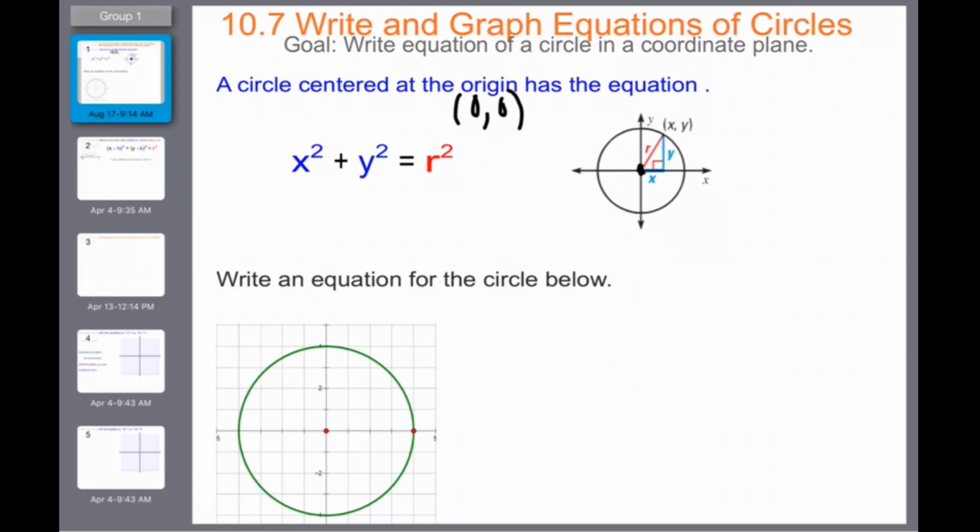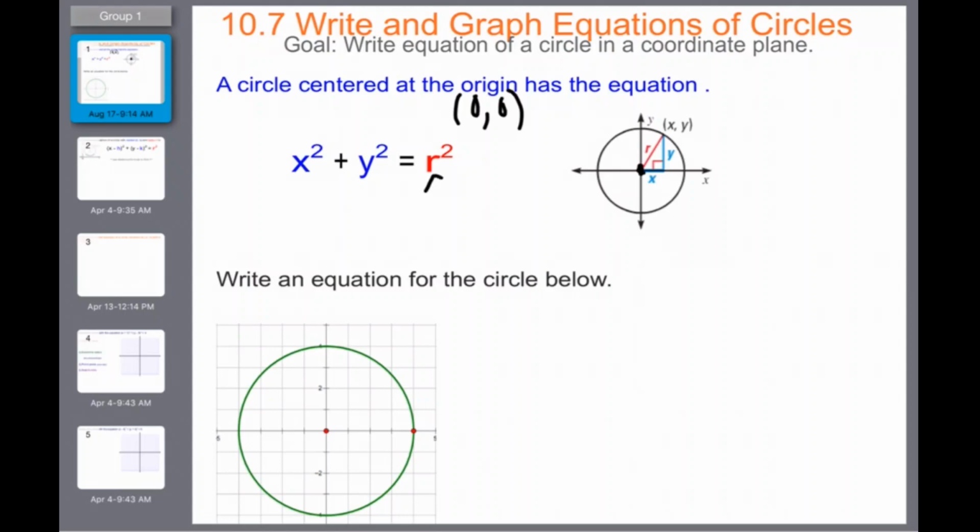An equation of the circle looks as such: x squared plus y squared is equal to r squared. Again, the x and the y, we do not put in numbers for those right now. In our equation, those are our variables, so they stay as x and they stay as y. The only thing that we're really plugging in here is our radius.